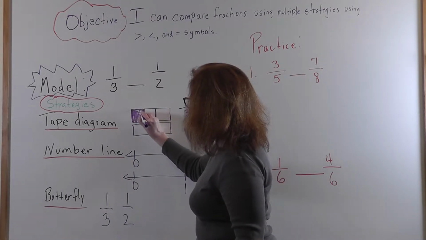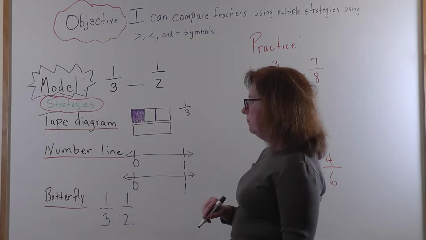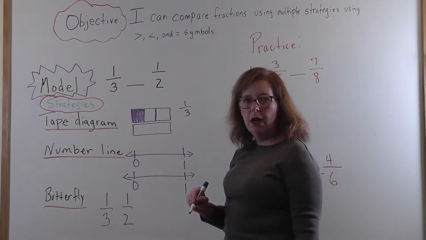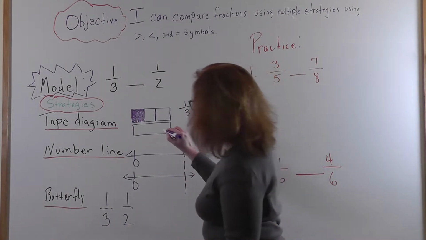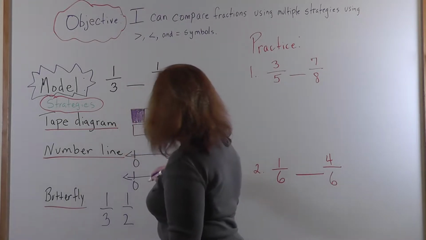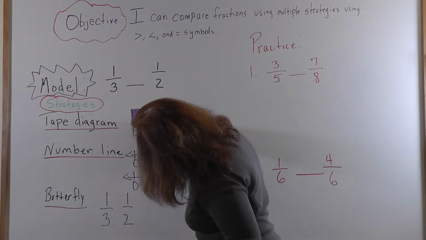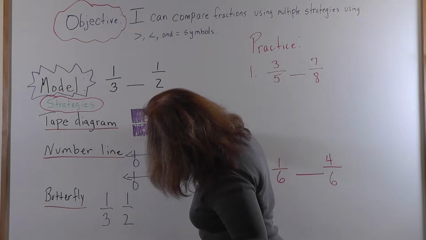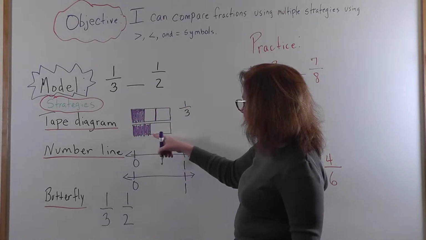I've shaded in and I've shown you 1/3. Now on the other tape diagram, I want to model 1/2. So I'm going to draw, and I'm going to shade in 1 out of 2 parts, because it's 2 parts in all, so this would be a half.